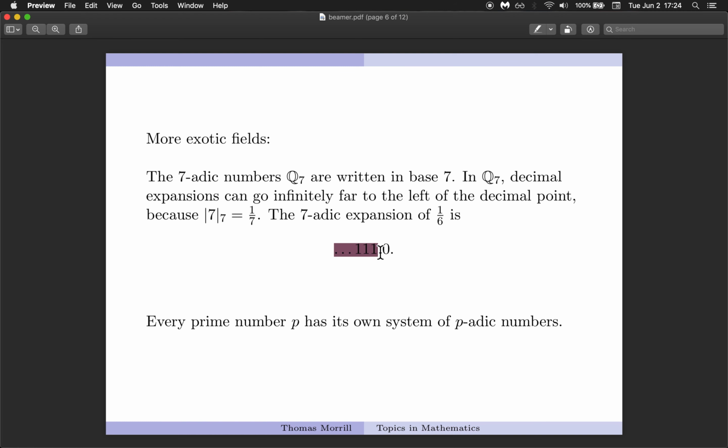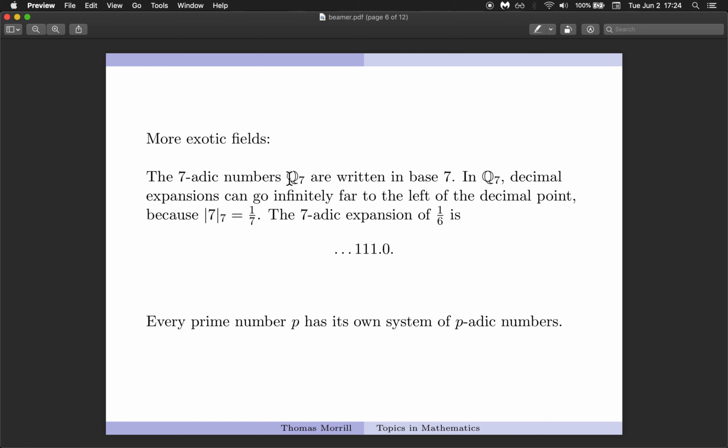I'm not going to prove this, but I claim that this number that I have written here is actually the seven-adic expansion of the regular old fraction 1/6. That can be a fun little exercise using the geometric series formula.